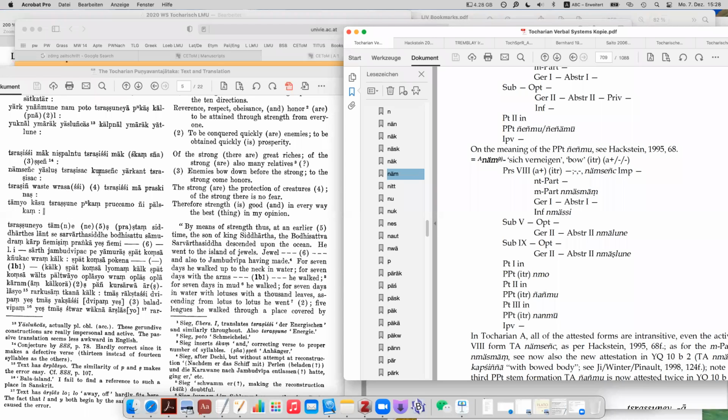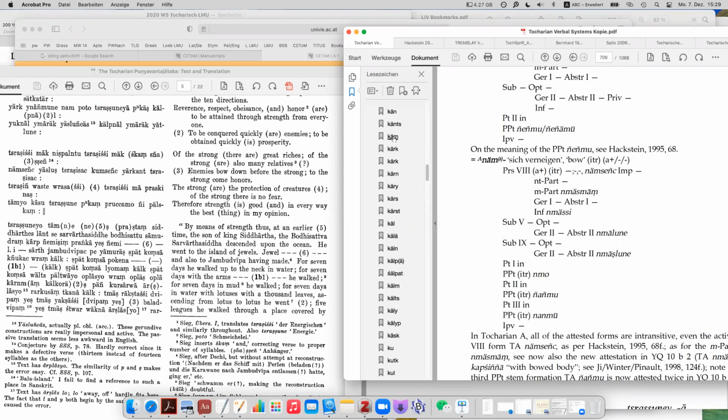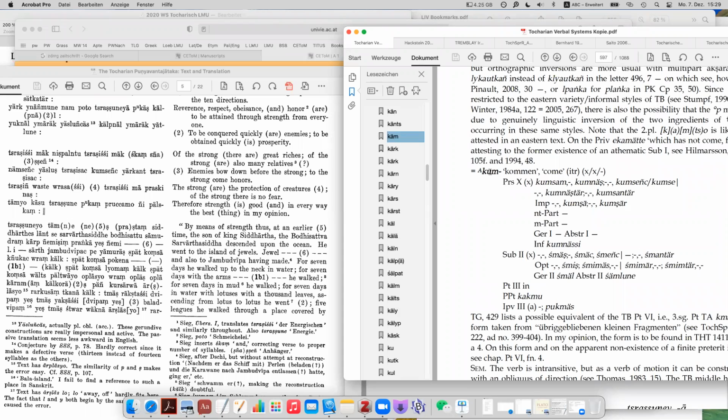And then kum-sench comes from the root kum or kum, yeah, and it's present 10.